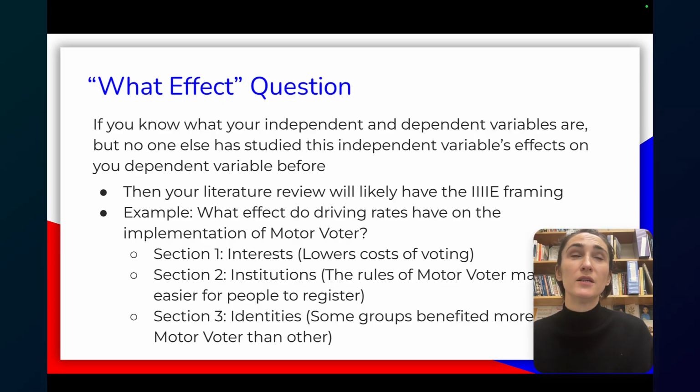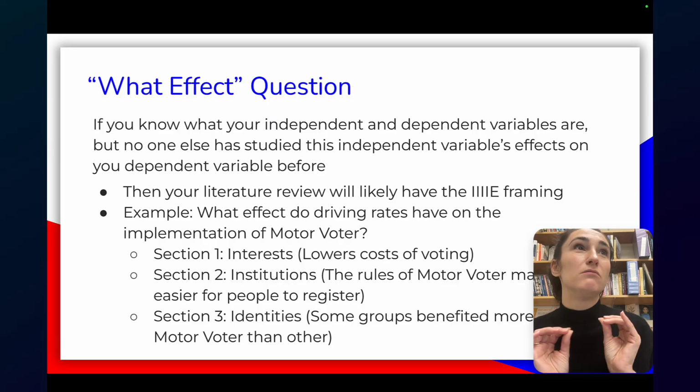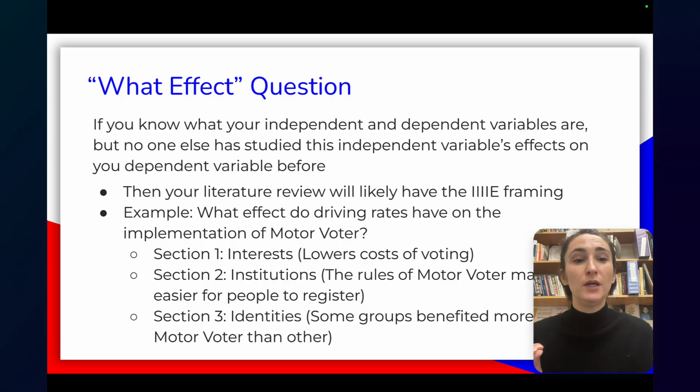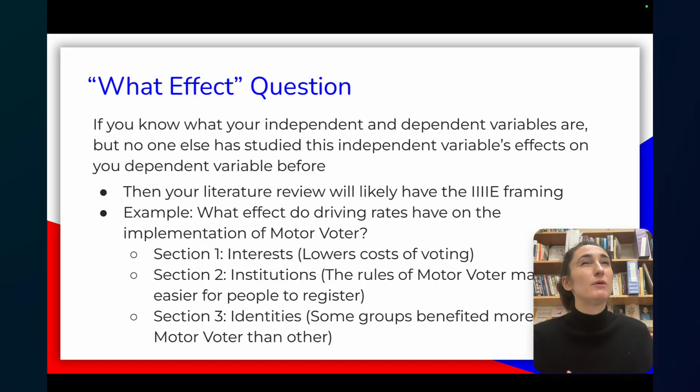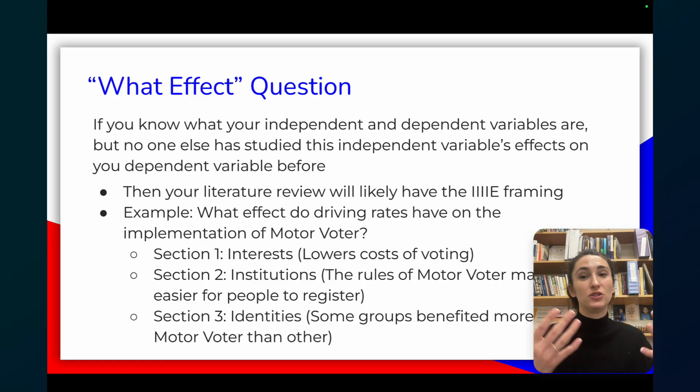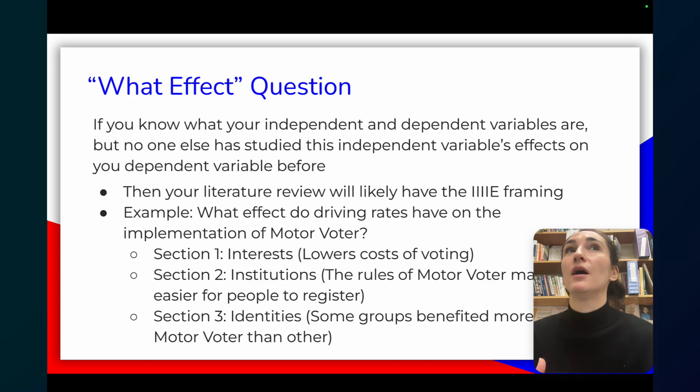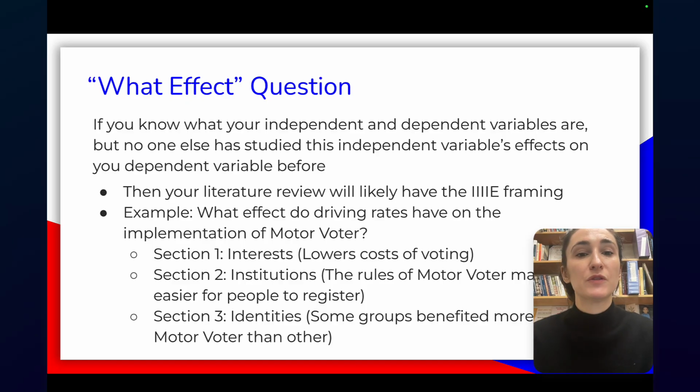Again, this is not definitely what you need to do, but it is a possibility. Okay, I do want to frame this as a possibility for you to do, though I will say by the time you get up into senior capstone, this is a little less common for students to use. In fact, very few students would do the triple IE framing in capstone.